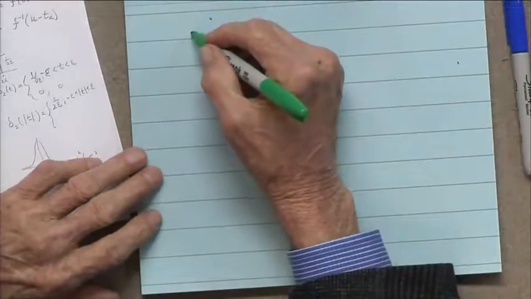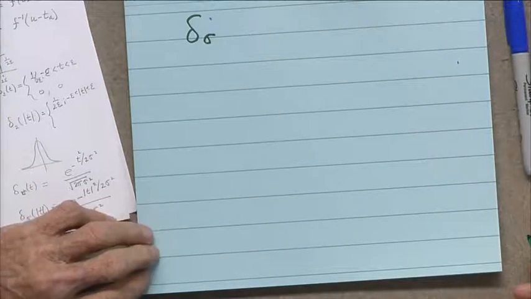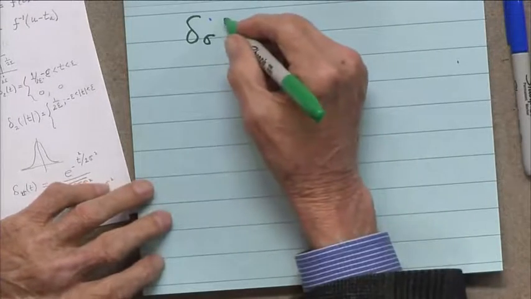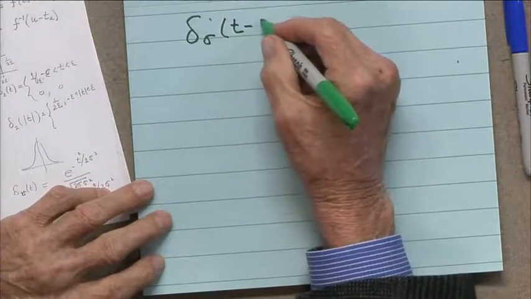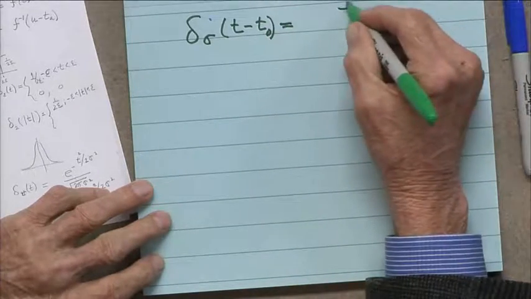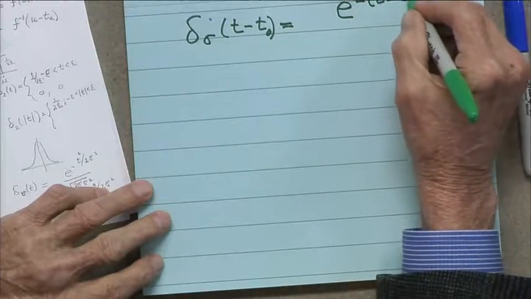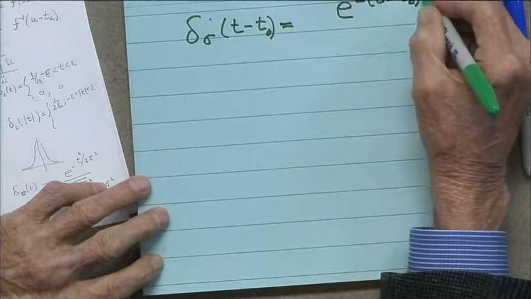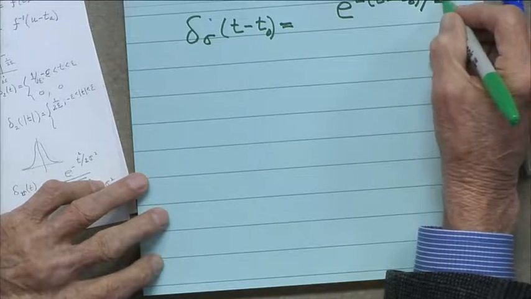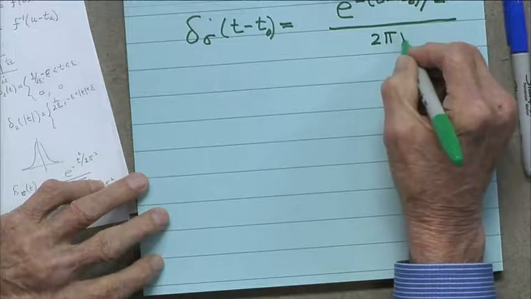I'm going to say delta sigma of t minus t0 is equal to e to the minus (t minus t0) squared divided by 2 sigma squared, and in the denominator the square root of 2 pi sigma squared.